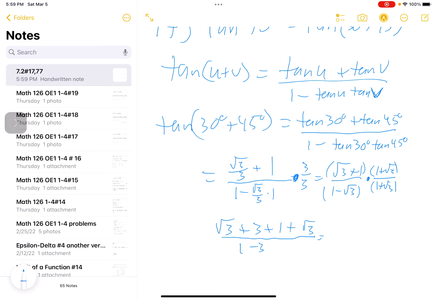So we end up with 4 plus 2 root 3 over negative 2. Divide that out, and I come up with negative 2 minus the square root of 3. Hope that helps.